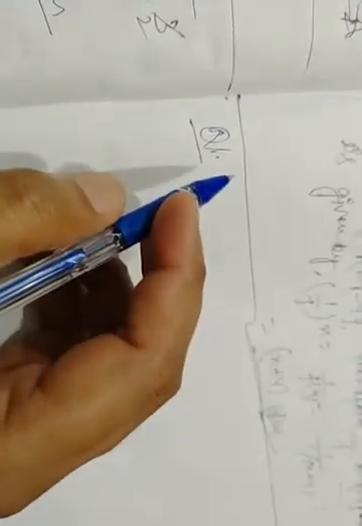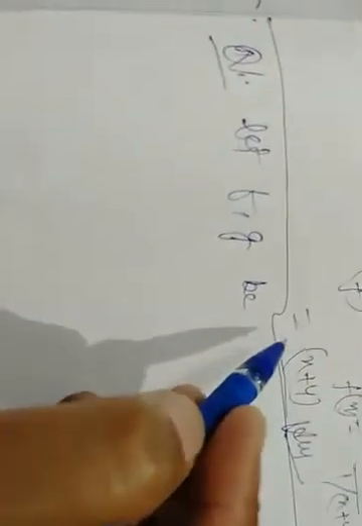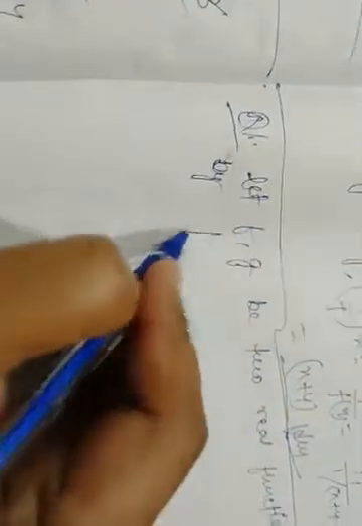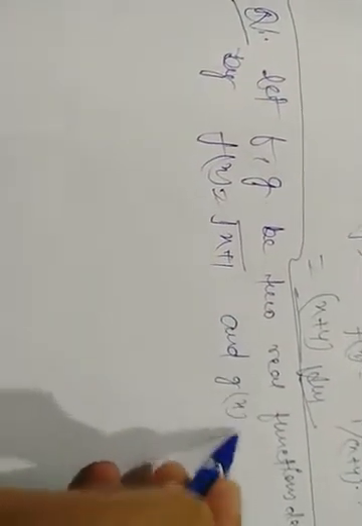Let's take the question. Let f and g be two real functions defined by f of x is equal to under root x plus 1 and g of x is equal to under root 9 minus x square.